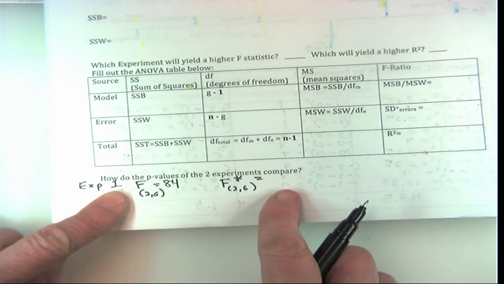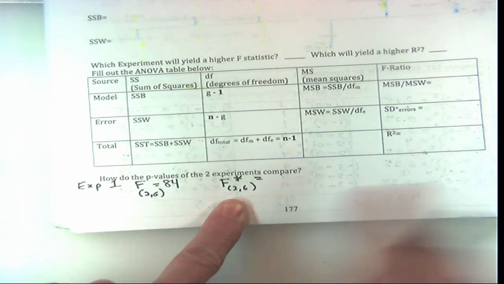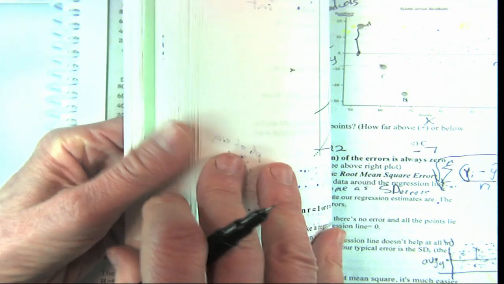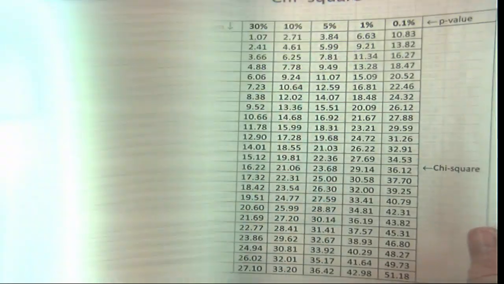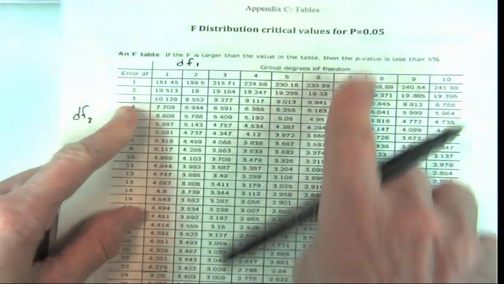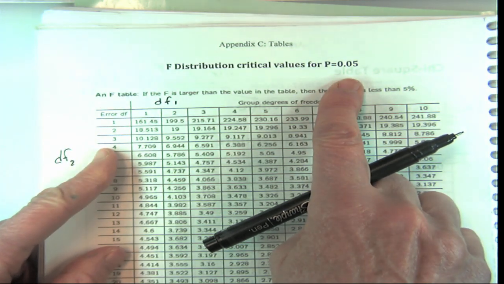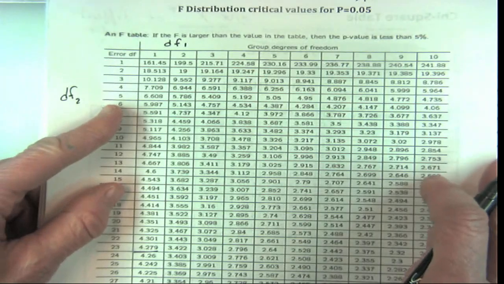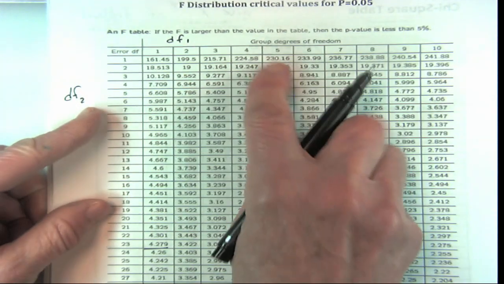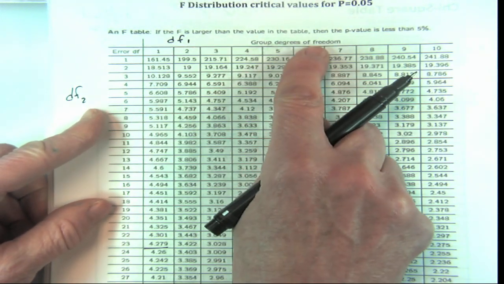So why don't we look at a table, and the only table I provided you with is what? I don't think I have one for a really small p-value here. On your exam, you will get different ones. You'll get one for a smaller p-value. Here's 5%. All right. So now, see how it says group degrees of freedom?